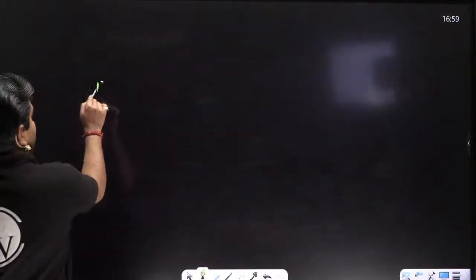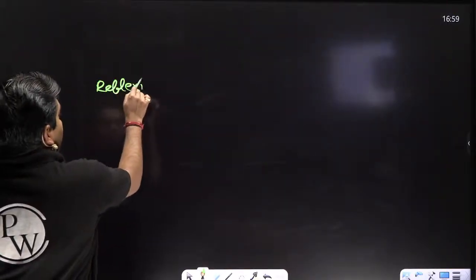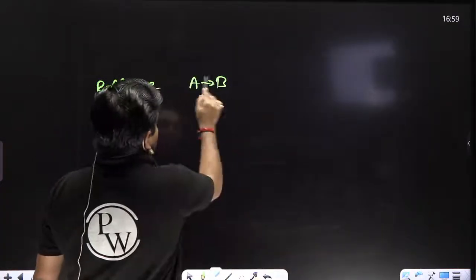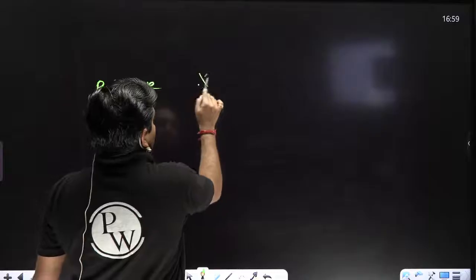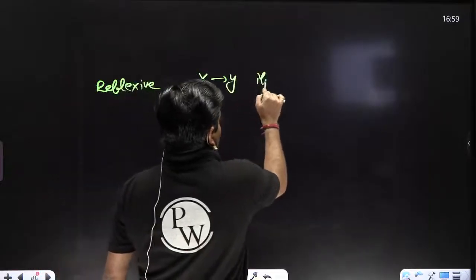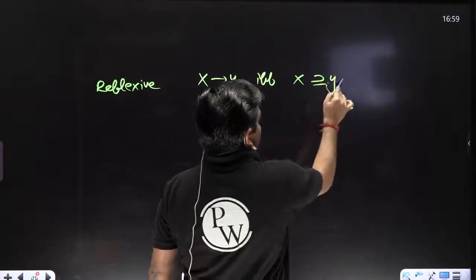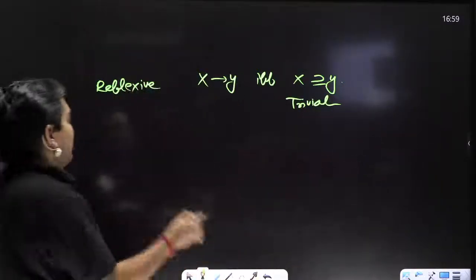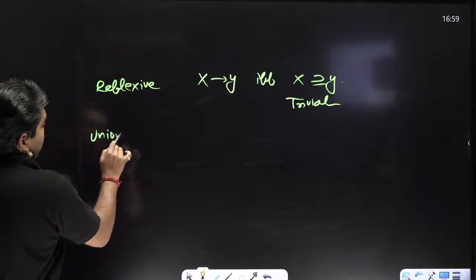First of all, reflexive. X tends to Y is reflexive if and only if X is a superset of Y, meaning the trivial FD. Second, union rule.